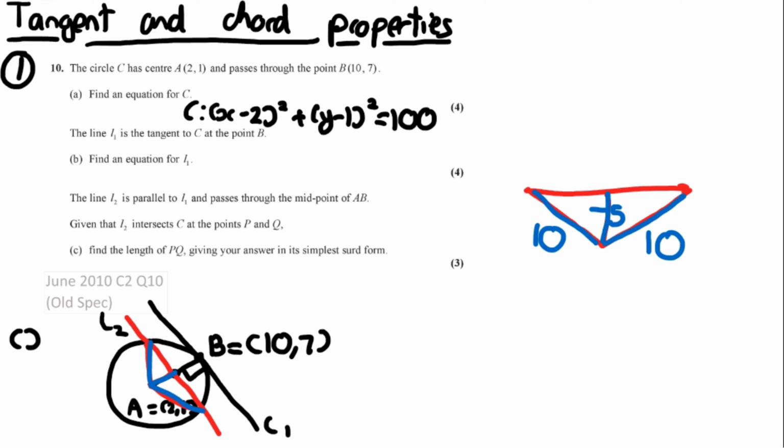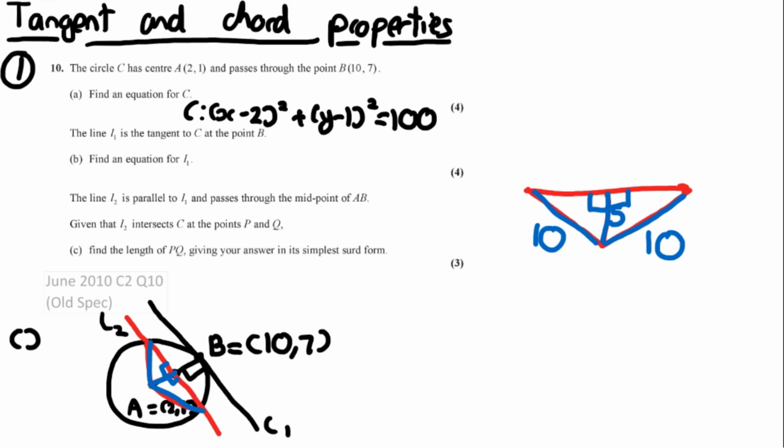And these two angles here are going to be right angles because, I mean, you can pretty much see this, but basically the reason is that this is the perpendicular bisector of this chord PQ.